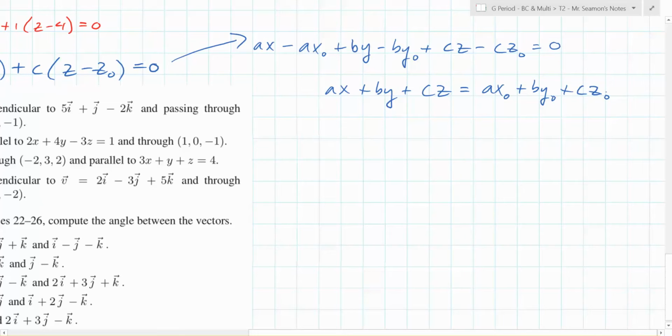Did our perpendicular vector change at all? Did anything happen to the coefficients? No. This is still what? What is that going to be? That's going to be a constant, right? Does adding a constant change anything about the relationship to the perpendicular vector? No. All that does is raise and lower the plane. It doesn't change whether or not it's perpendicular.